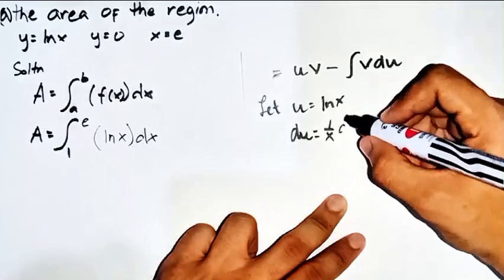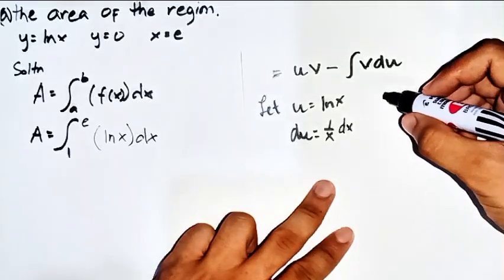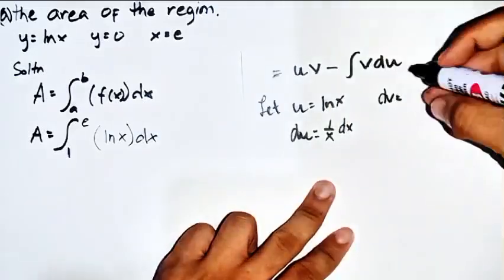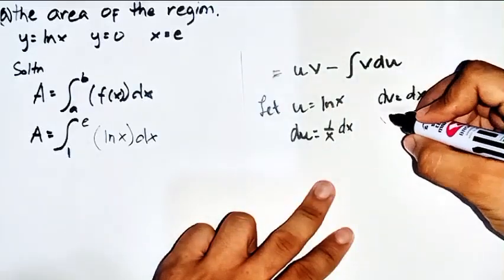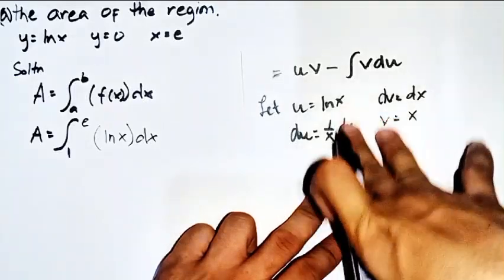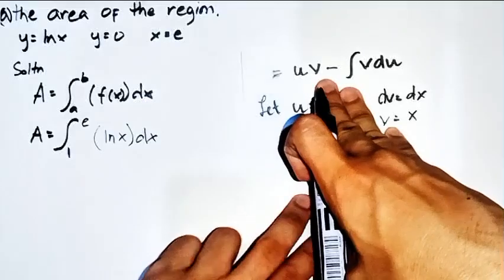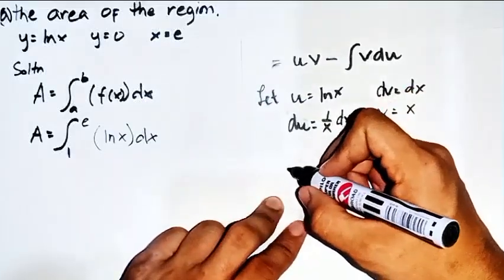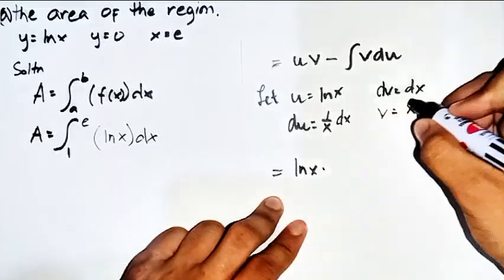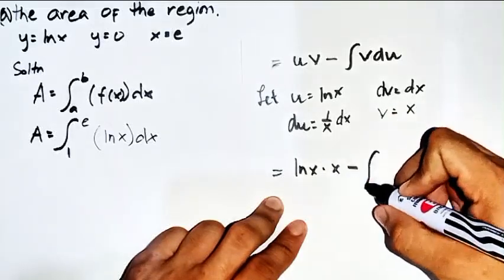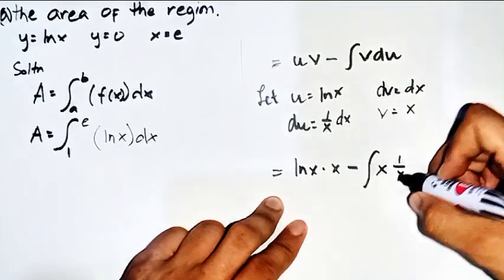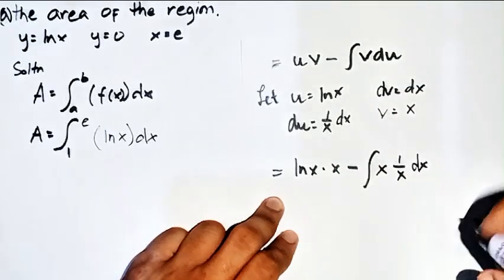Don't forget the dx. Our dv is equal to dx, and our v here is equal to x. Now let's substitute this into our formula of integration by parts. So u we have ln x times v is x minus the integral of our v is x, our du is 1 over x dx.